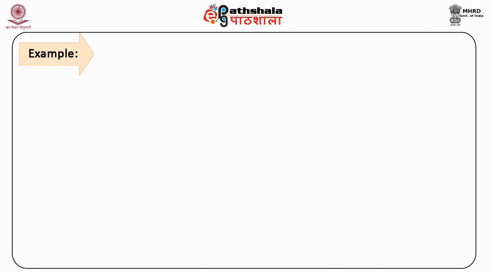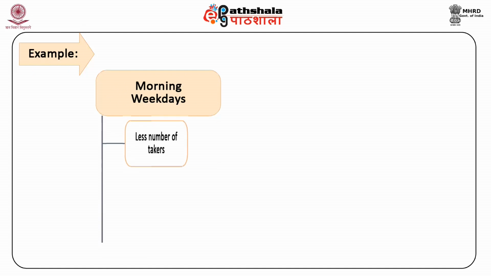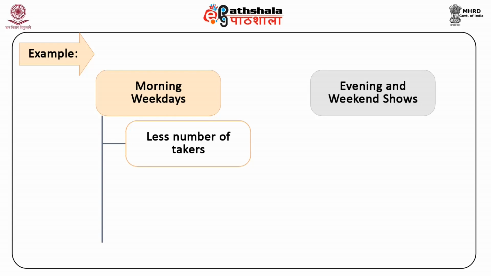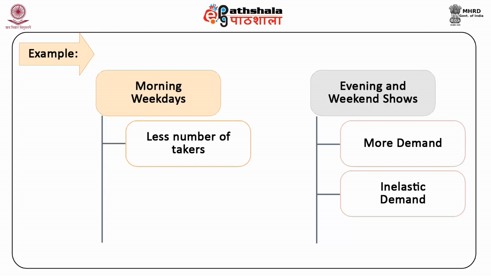Consider an example of a movie theater. Morning weekday shows have fewer takers and evening and weekend shows have more demand. Further, the demand for movie tickets is relatively inelastic for evening and weekend shows and more elastic for the morning weekday shows.